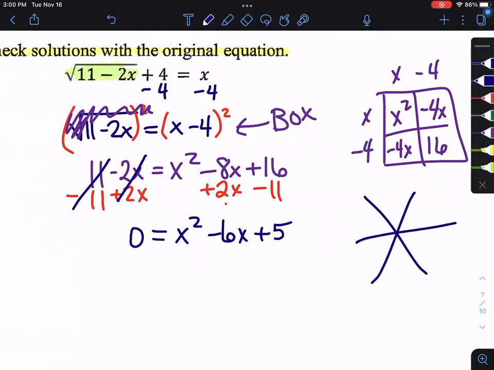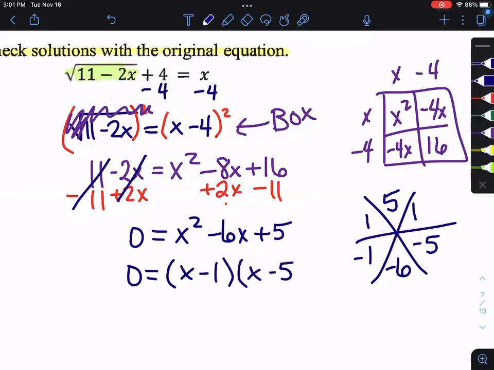Again, since that's a quadratic, we're going to factor using the asterisk. 2 numbers that multiply to give us 5, but add to give us negative 6: negative 1 and negative 5. So our two factors here, x minus 1, x minus 5, order doesn't matter as long as you get both of those.